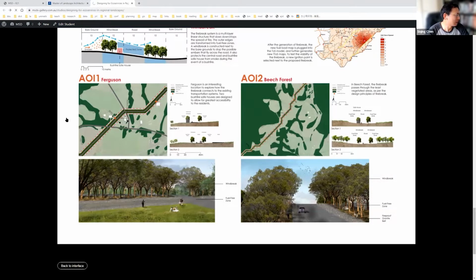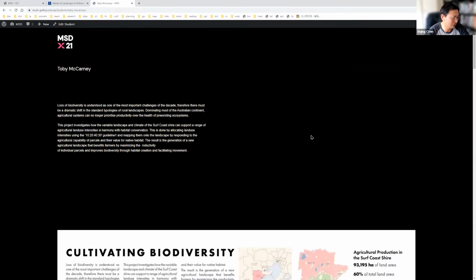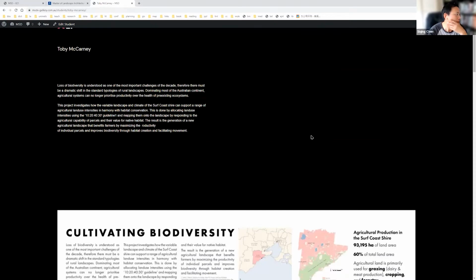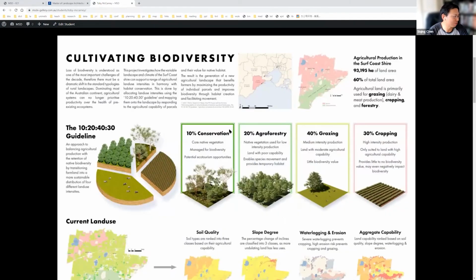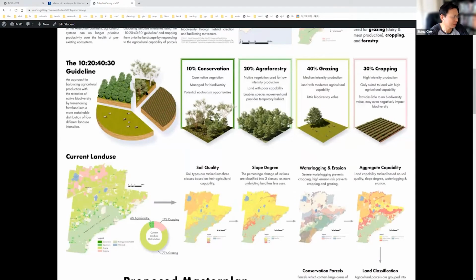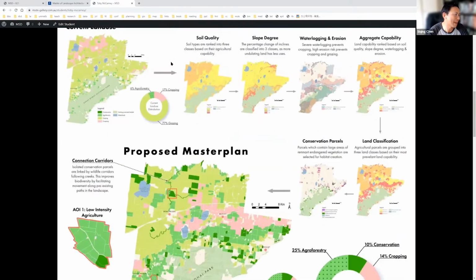And then another one is Toby. He is from one of the local councils in the Great Ocean Road region, and looked at biodiversity conservation. It started with the composition of the landscape in terms of the vegetation type and the land use type, and then from a sample composition, looked at whether you can apply that composition into the region, because in the region you can imagine the regional pattern.